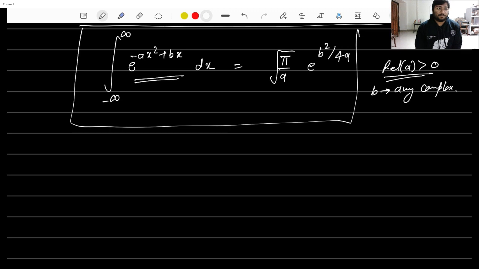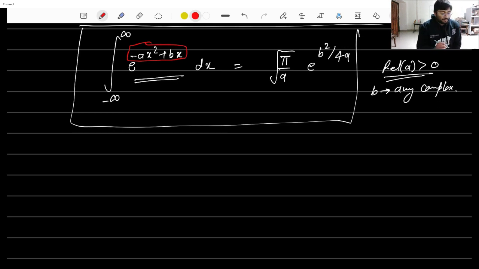So let us see. This is the one dimensional shifted Gaussian integral. How to derive this? We have to focus on its exponential power. If I make it in a red box, this is the power.